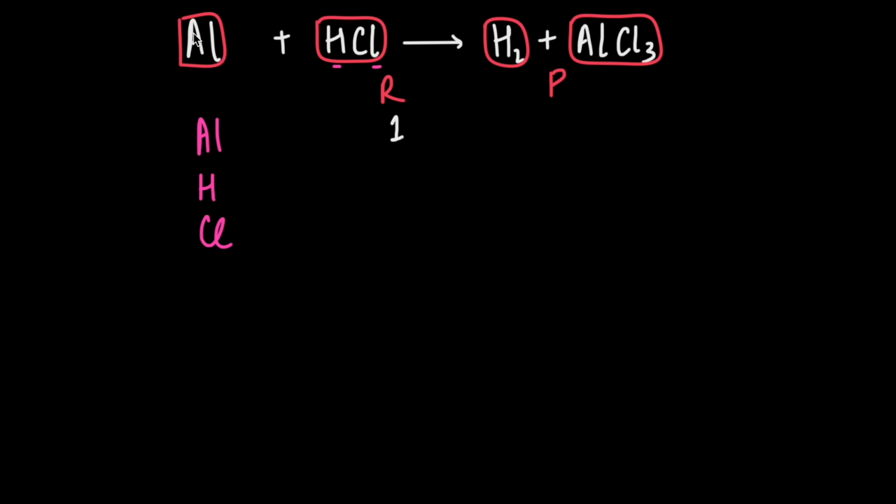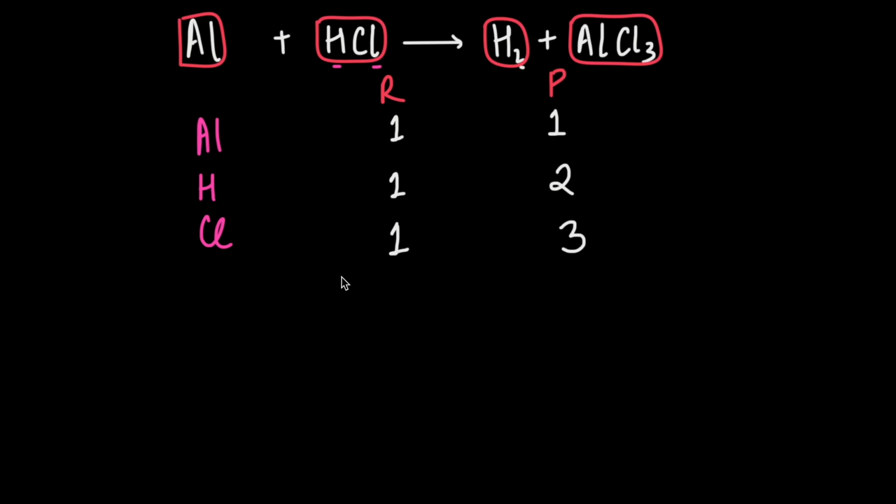I can only see 1. On the product side also we have 1. Coming to hydrogen, we have 1 atom of hydrogen on the reactant side, and we have 2 on the product side. Chlorine, we have 1 on the reactant side and 3 on the product side.